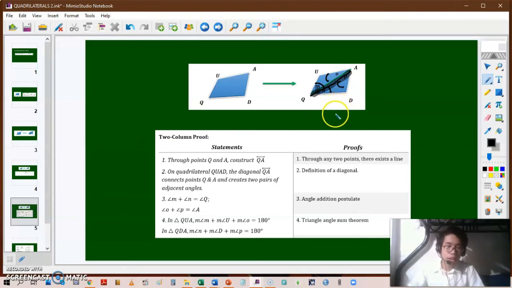Then we have number 3 here. The measurement of angle M plus angle N is equal to the measurement of angle Q, and angle O plus angle P is equal to the measurement of angle A. That's simply the angle addition postulate.